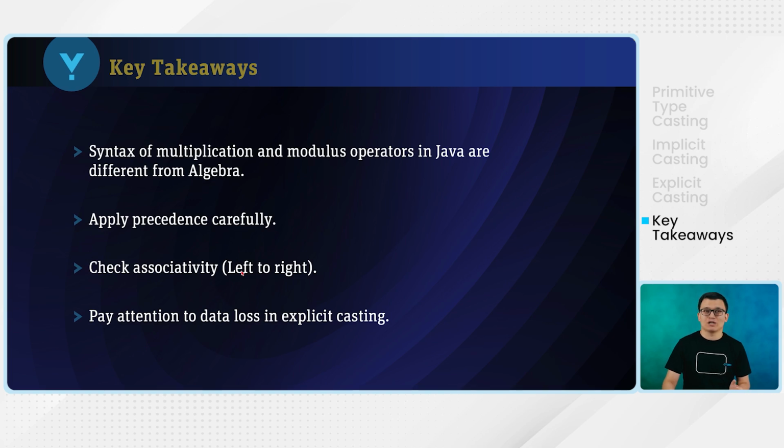Make sure that you know the order of the execution of those operators. If they have the same level of precedence, it is always left to right. And yes, whenever you are using the explicit casting, you need to pay attention to the data loss.